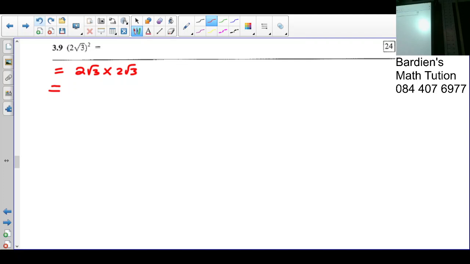So what's 2 multiplied by 2? 4. What is root 3 times root 3? Root of 9, not so? Square root of 9. What's the square root of 9? 3. 3 times 4? 12. Who got that one right? Only you. You all get it right in the exam.